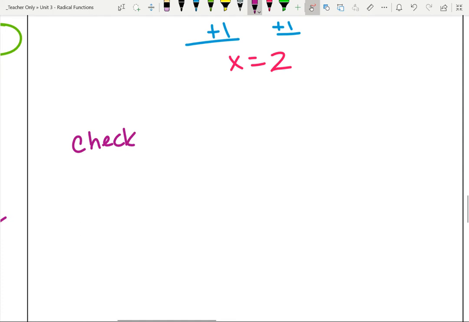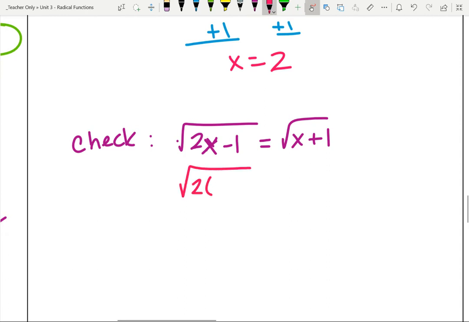I'm going to check that x equals 2 really works. So my original was, sorry, the square root of 2x minus 1 is equal to the square root of x plus 1. So 2 times 2 and 2 plus 1 when I replace x with 2.